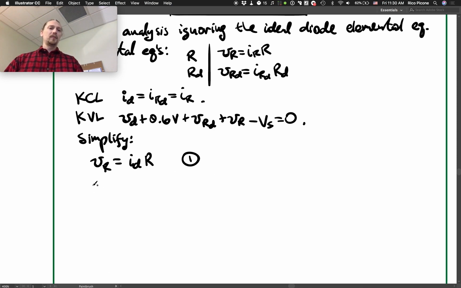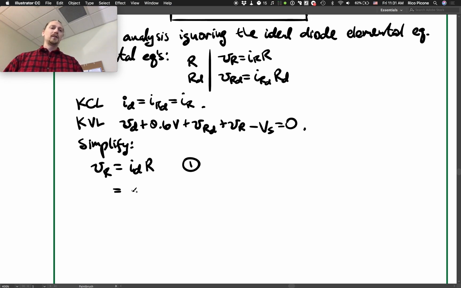Let's also develop a further equation. Let's say it's also equal to IRD times R, which IRD is, from its elemental equation, just VRD over RD, right? So we have R over RD times VRD.